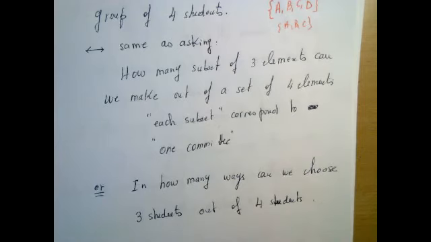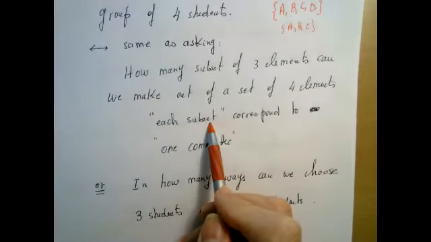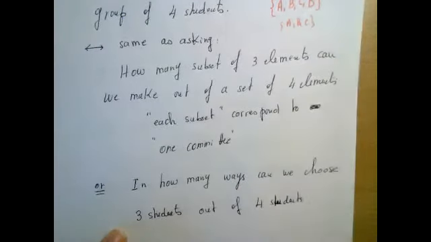That is exactly like asking in how many ways can we pick a subset of 3 elements out of a set of 4 elements. Basically, it boils down to asking how many subsets we can make out of this set. That's why the section is called counting subsets.